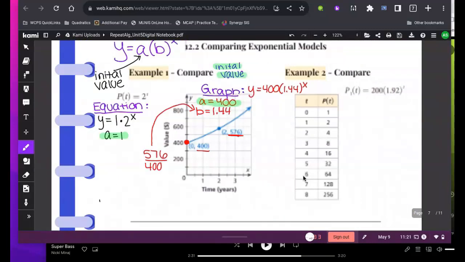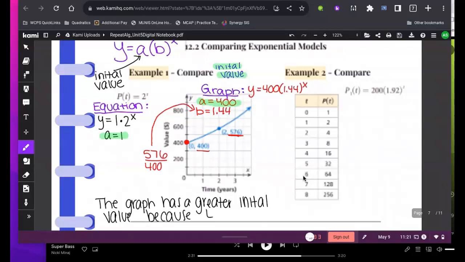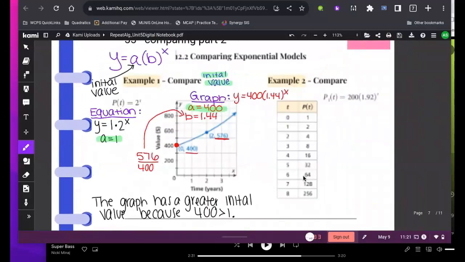The graph, because 400 is bigger than 1. So go ahead and write that sentence in your notes for number 1. The graph has a greater initial value because 400 is greater than 1.